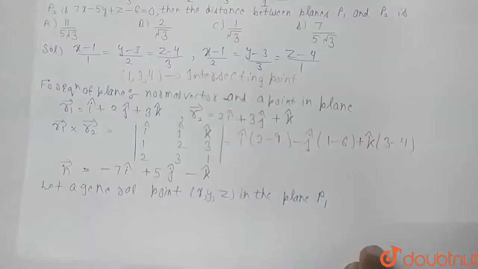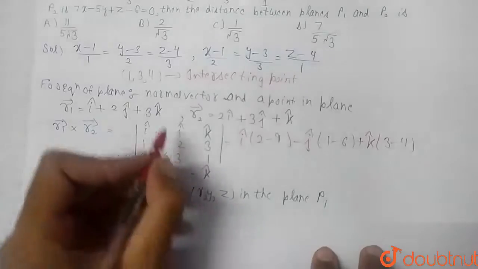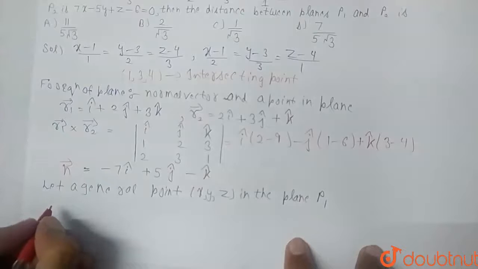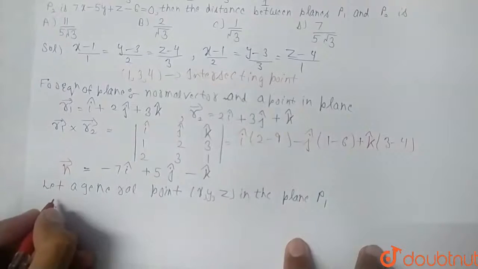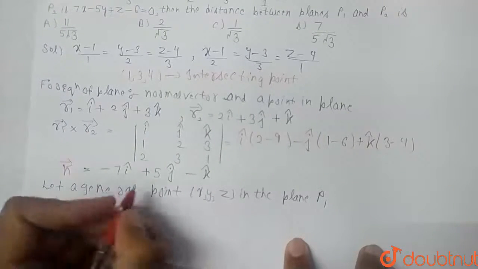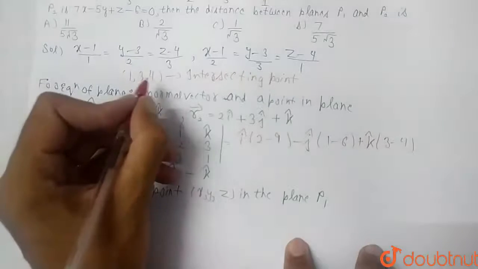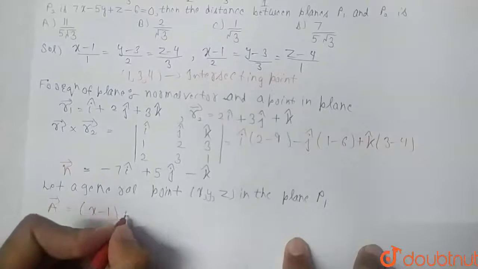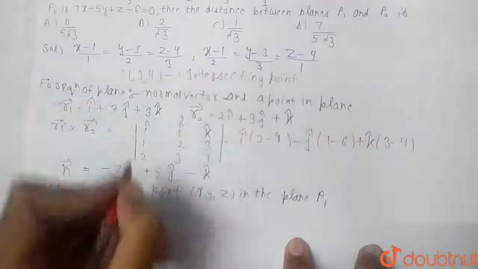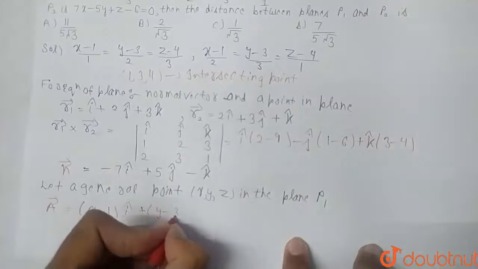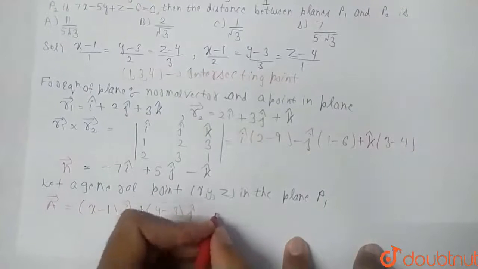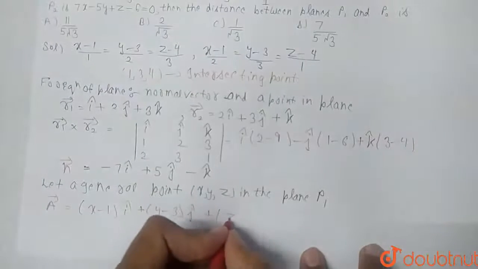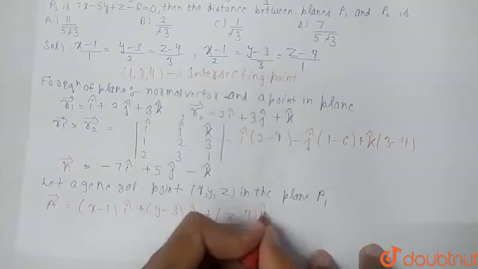Now if we write the vector from this point to this point, it is (x minus 1) i cap plus (y minus 3) j cap plus (z minus 4) k cap.